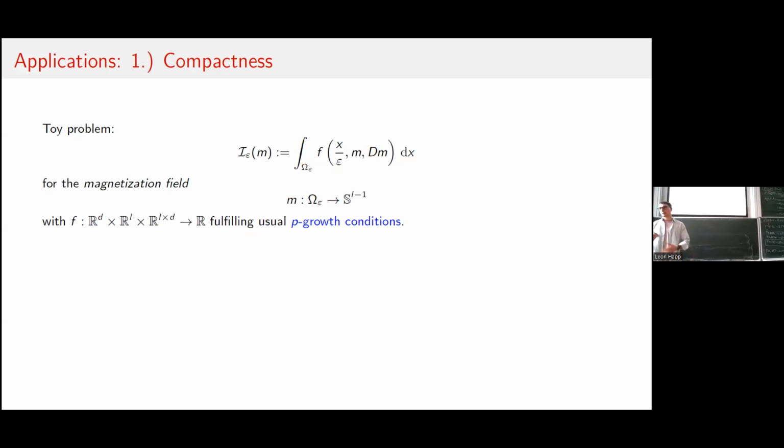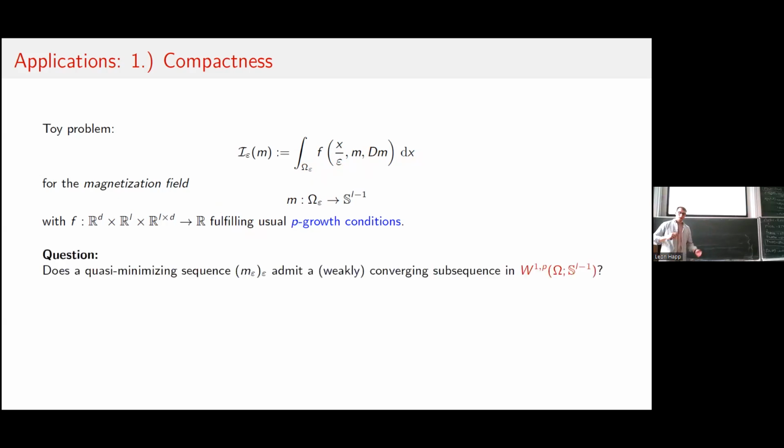And the density is okay, such that everything is well defined, assume p-growth conditions. And then there's the question if a quasi-minimizing sequence admits a weakly converging subsequence. Because if you think about homogenization here, you would maybe approach this in terms of the Gamma limit. And the Gamma limit result always has to be complemented with a compactness result, right? So this is a natural question which arises.